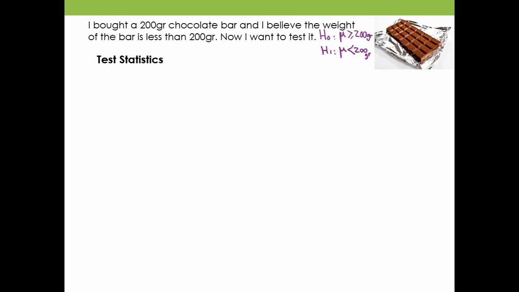In order to test it, we have to use the test statistic. What is the test statistic? Actually, this is calculated from the sample data and used to decide.